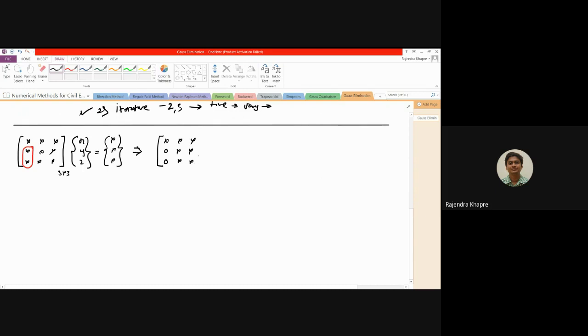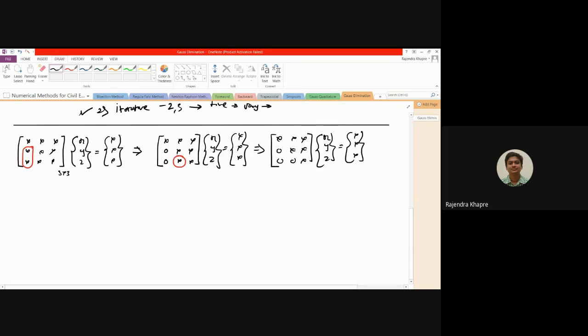The unknowns remain constant, and here you will also have some new values. Now in the second step, we are going to convert this element to 0. As a result, you get a matrix like this, with unknowns x, y and z, and some values here.